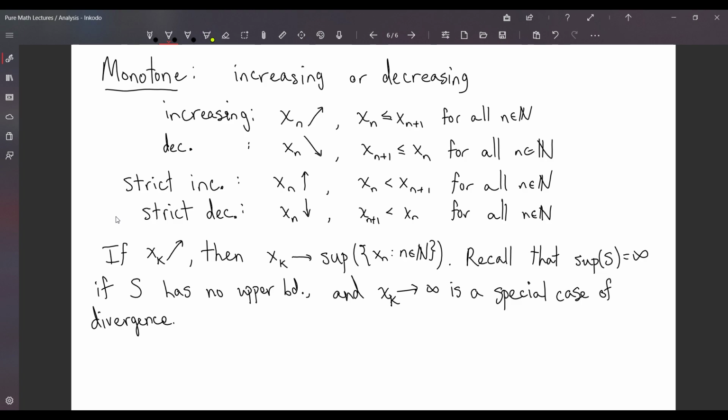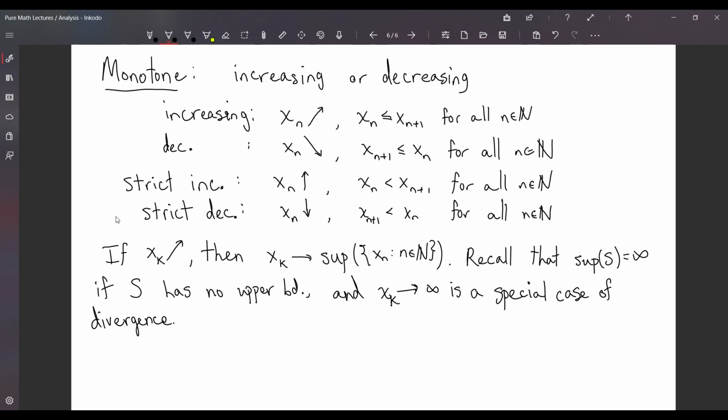And that makes sense: if the sequence x sub k is increasing and the set of all the values of x sub k have no upper bound, then the sequence is just going to keep getting bigger and bigger without bound, and so it's going to infinity.